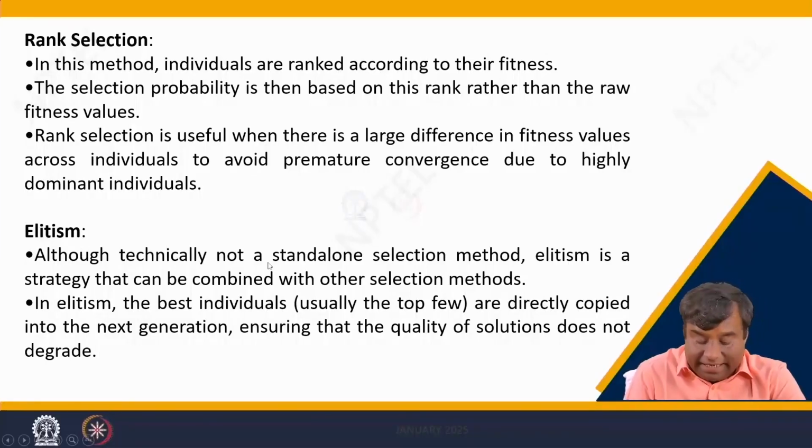Elitism, although technically not a standard selection method, elitism is a strategy that can be combined with other selection methods. In elitism, the best individual, usually the top few, are directly copied into the next generation, ensuring that the quality of solution does not degrade.